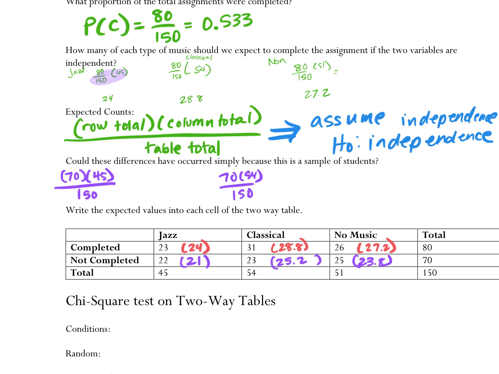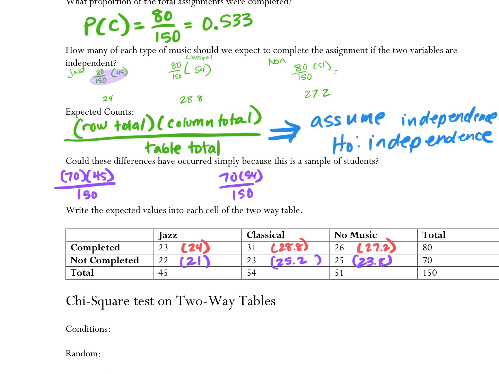So, do our observed counts match our expected counts? Now, this is a sample, so what we have to decide next is, I would never expect, in fact, I'm going to say there's no way my observed counts could equal my expected counts, because there's no way I'm getting 28.8 people who completed the assignment.